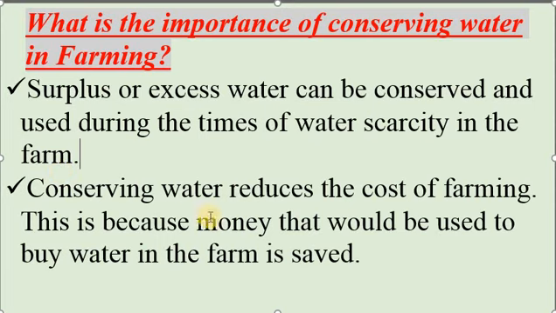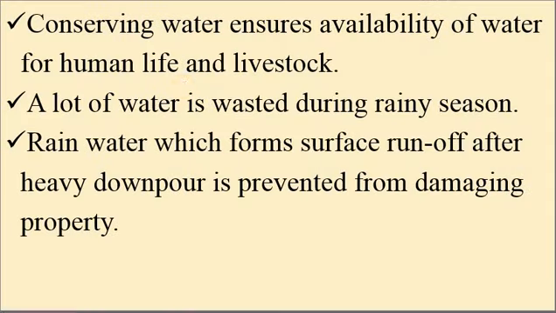Therefore, conserving water reduces the cost of farming. This is because money that would be used to buy water in the farm is saved. The money is saved because there is water which will be used during that time.